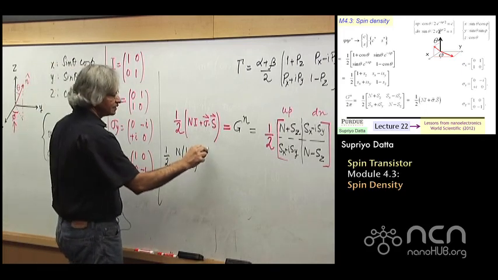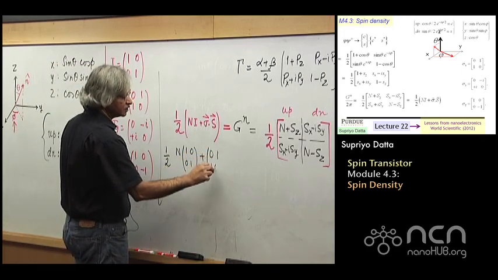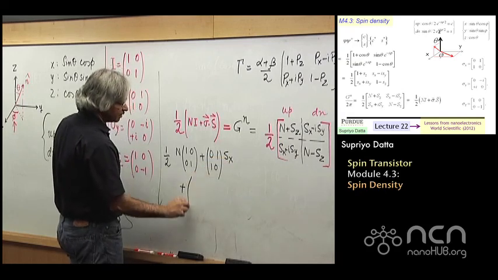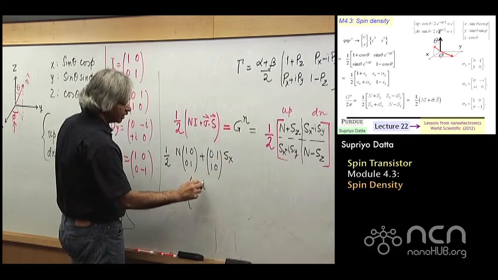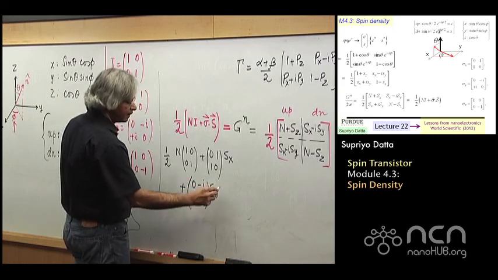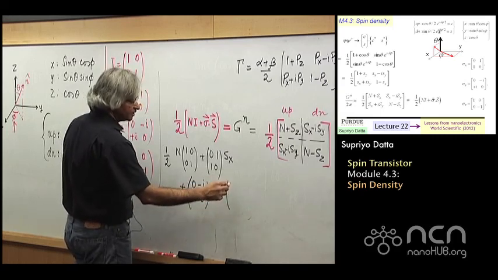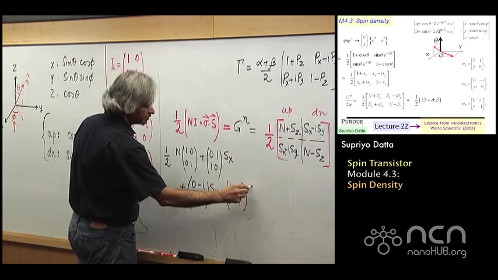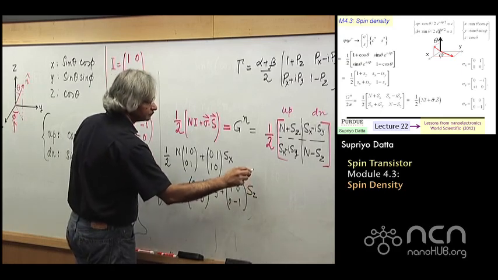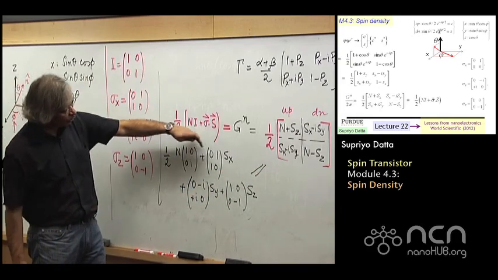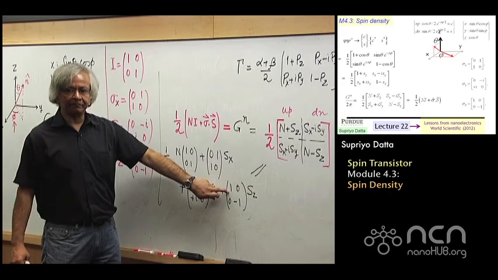So sigma x is [0, 1; 1, 0] times Sx, plus sigma y is [0, minus i; i, 0] times Sy, plus sigma z is [1, 0; 0, minus 1] times Sz. So you've got these 4 matrices that you need to add up.